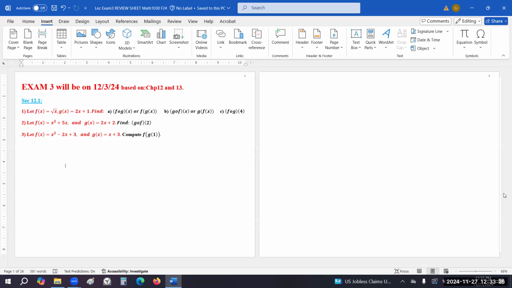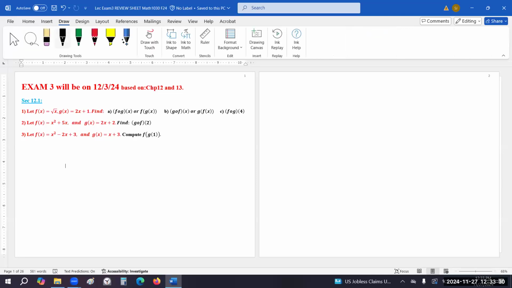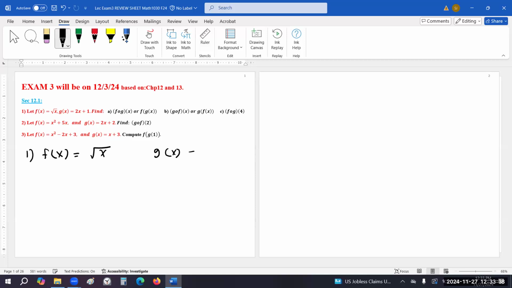For example, here, question one, we have f of x is square root of x, and g of x is 2x plus 1.